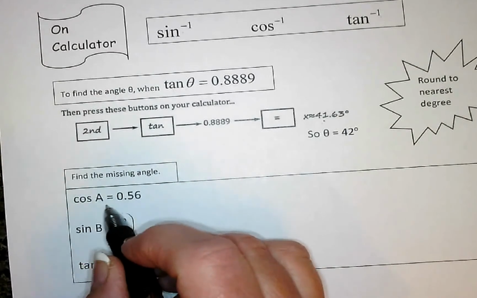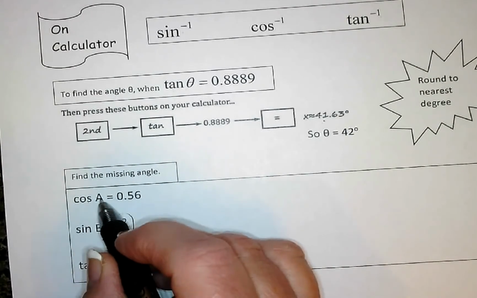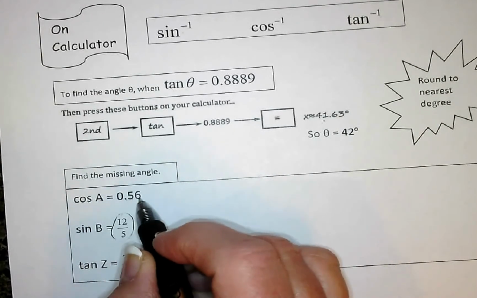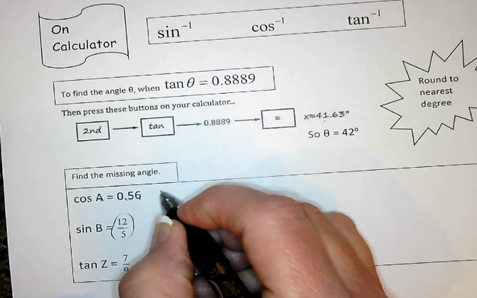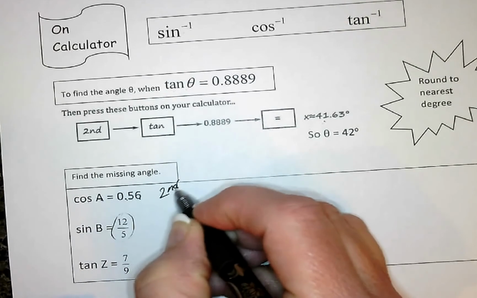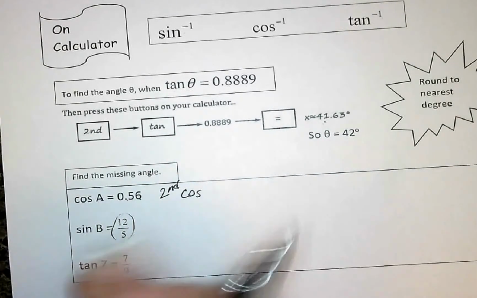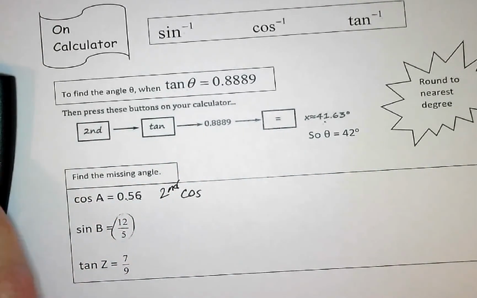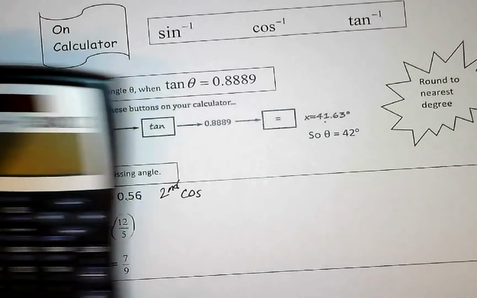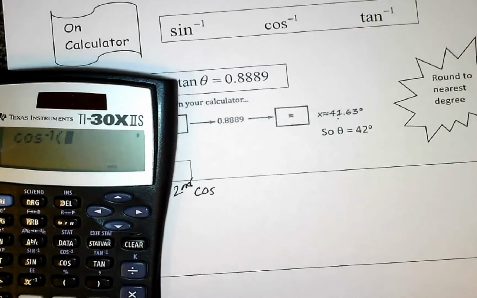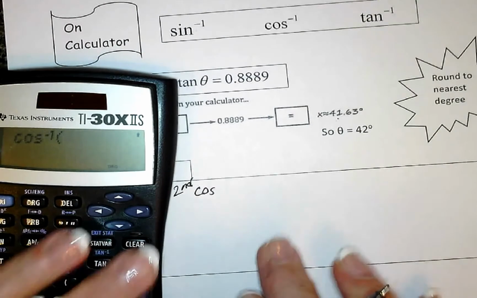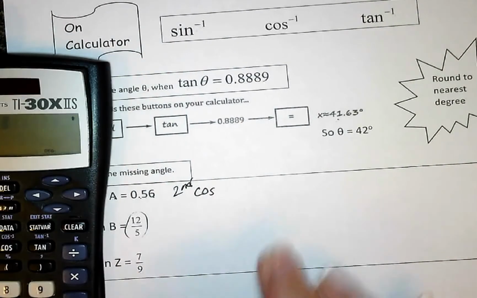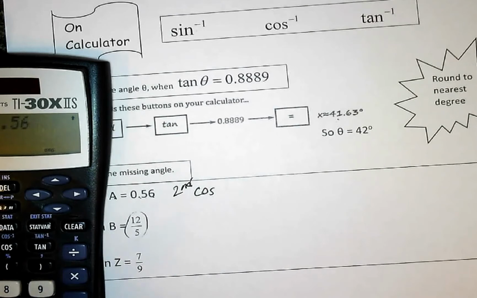Okay, so let's find our missing angle using our calculator. So here you can see I'm just going to find cosine of some angle equals 0.56. So in my calculator I need to push second and then cosine, and then you should see something that looks like this. Okay, cosine to the -1. And then I put in my decimal, so 0.56.